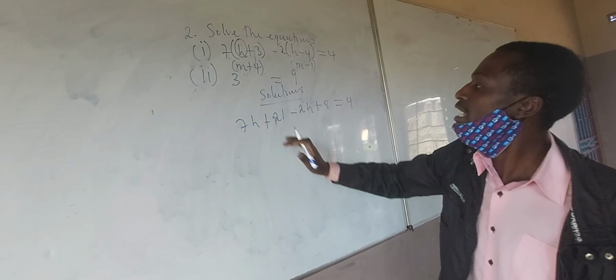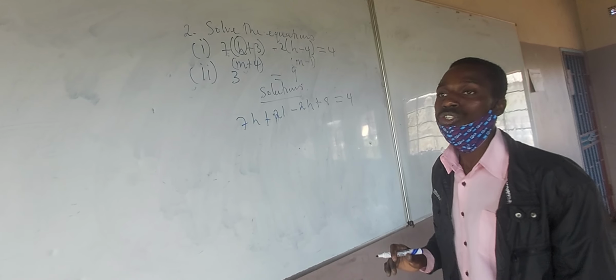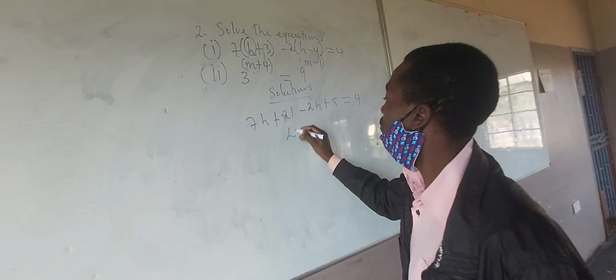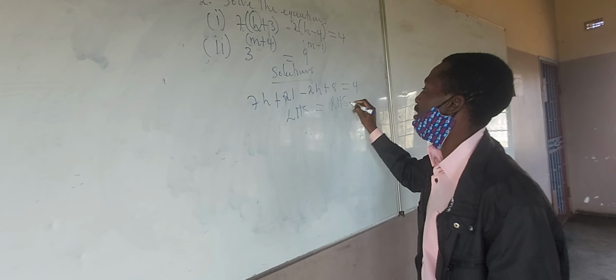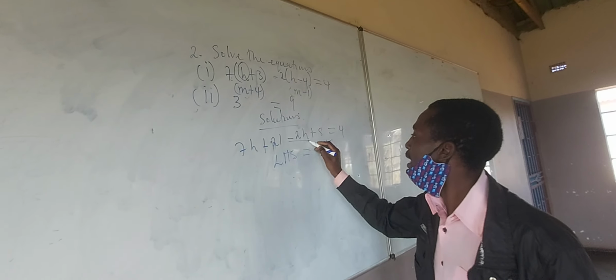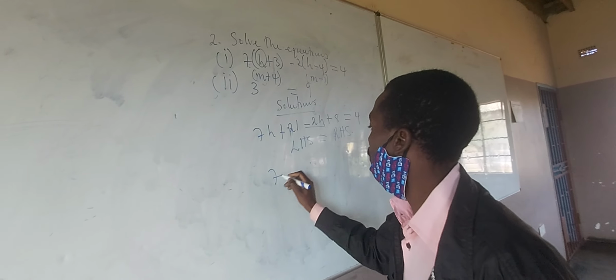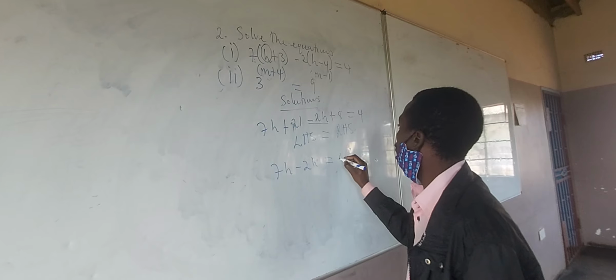So an equation has got two sides, which should balance. The left hand side should be equal to the right hand side, right? So now we have to collect like terms. So 7h minus 2h is equivalent to 4.